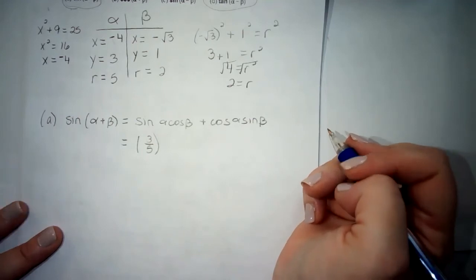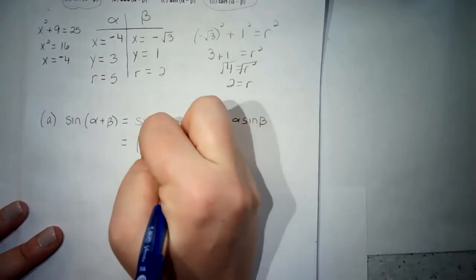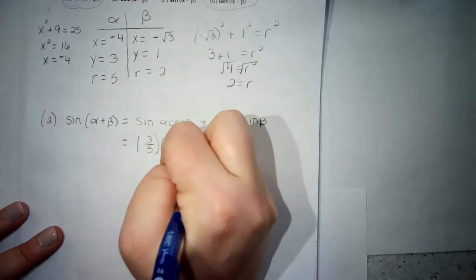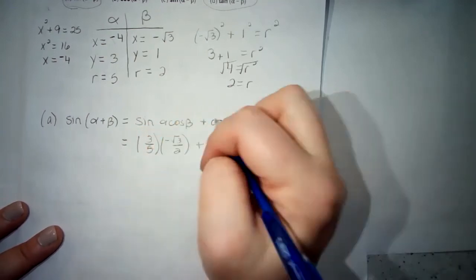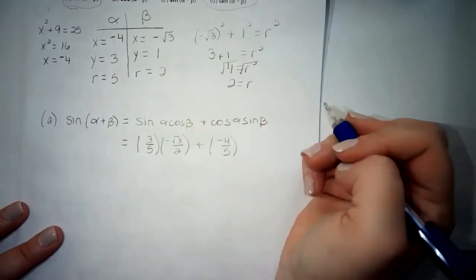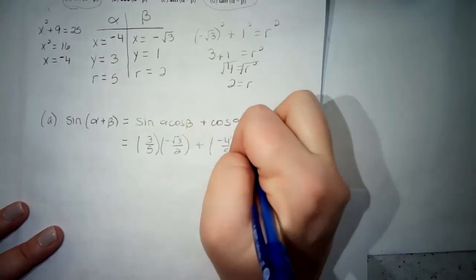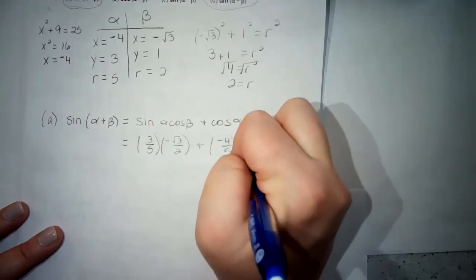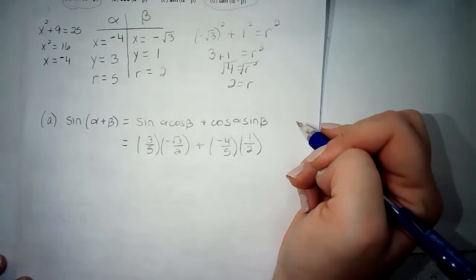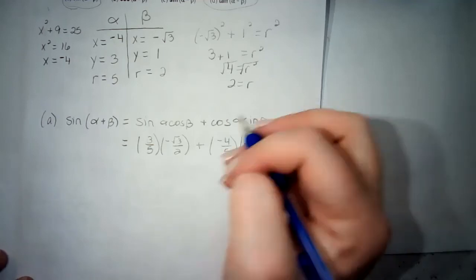We use the beta chart and do x over r. Now we go back to alpha and do x over r, and then go to beta and do y over r. Everybody good with where we got those?